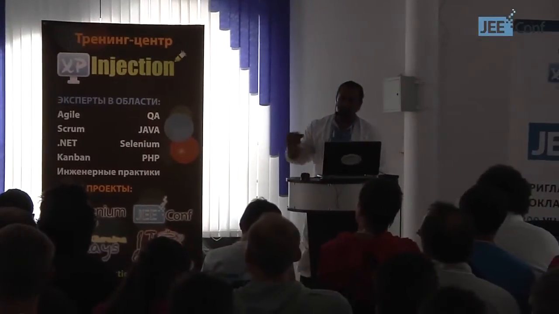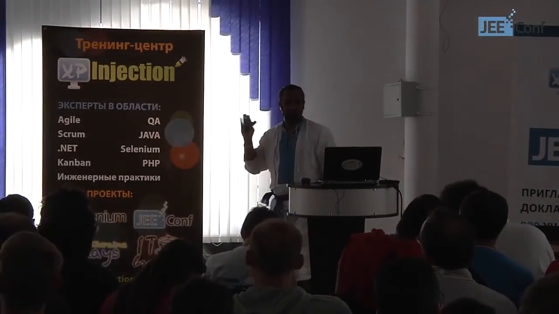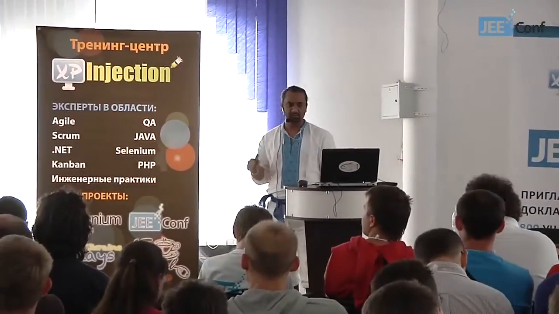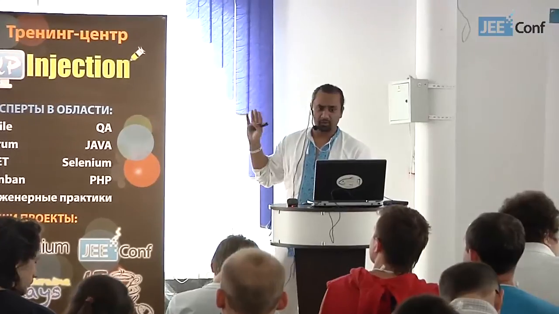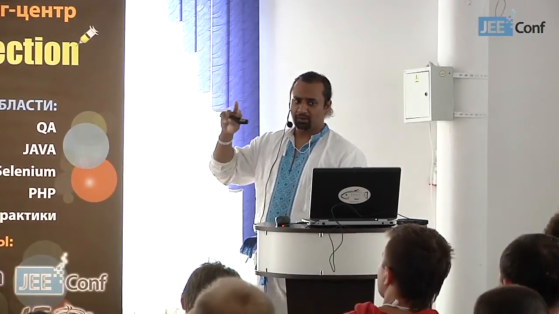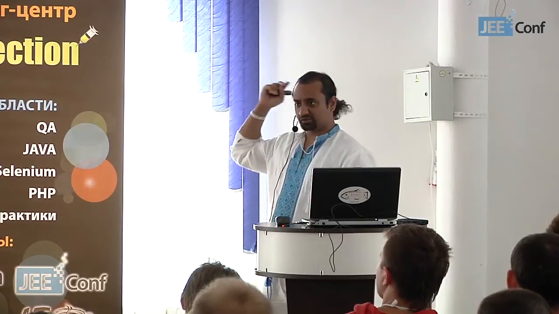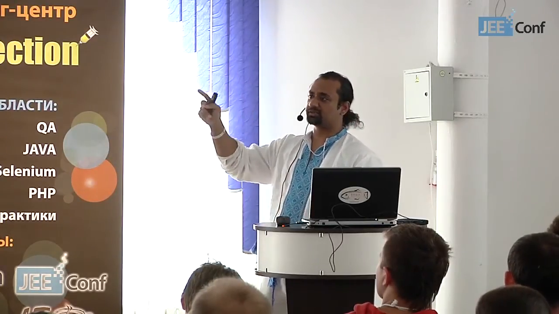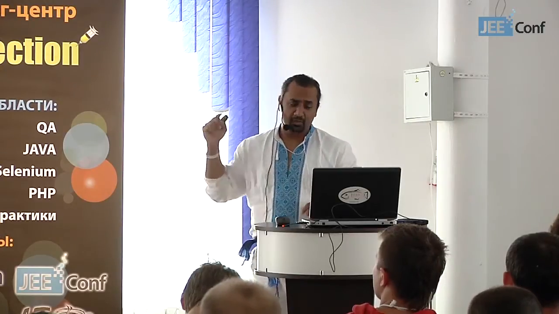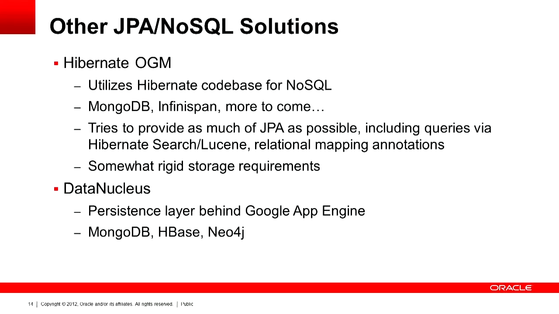So EclipseLink NoSQL is by far not the only solution in this space. Hibernate OGM does a very similar thing. It takes a Hibernate code base and applies it to NoSQL. They support MongoDB and Infinispan at this point in time. Hibernate OGM has the opposite philosophy of what EclipseLink does. It tries to apply as much of JPA as possible.